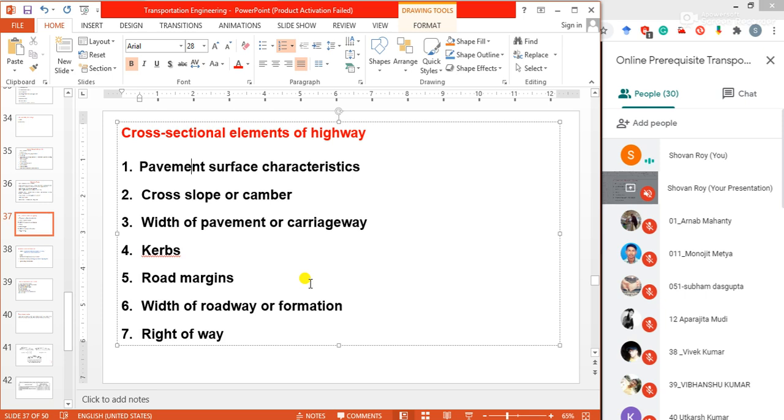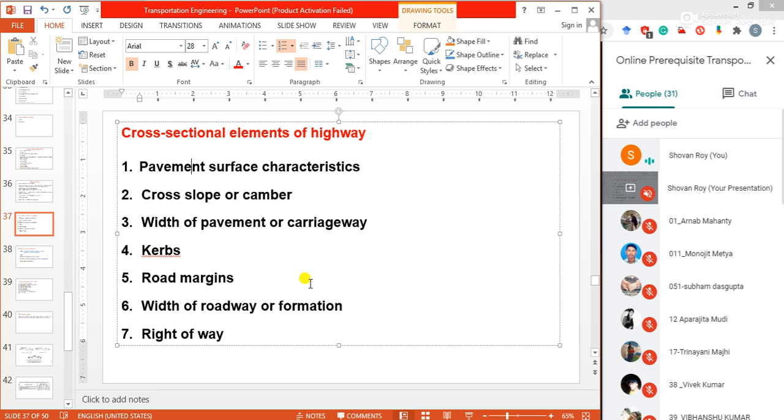And climatic conditions, construction facilities and cost considerations, these are the components on which our pavement surface can be classified, or the pavement surface can be built considering these things.